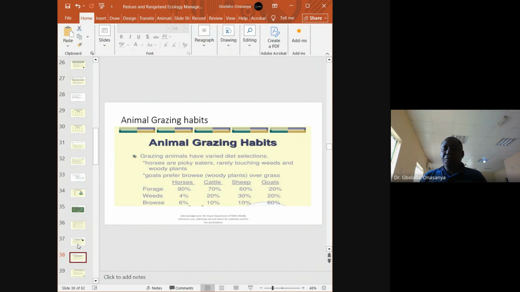For instance, like I said in the previous class, goat is a browser. It moves around the pasture land, around the rangeland, picking grasses of choice. That is browsing. It doesn't eat anything; it picks grass of choice.